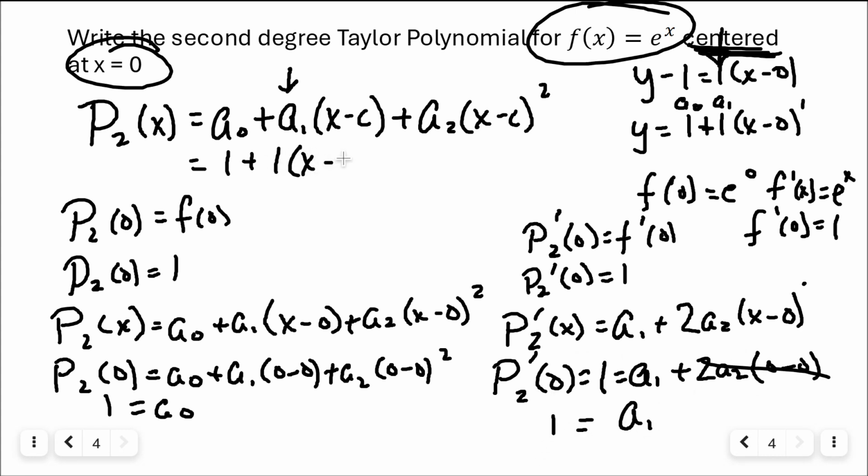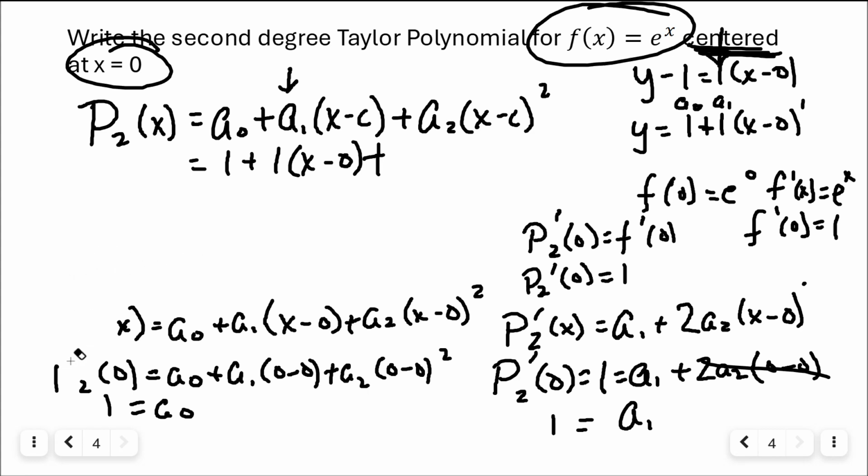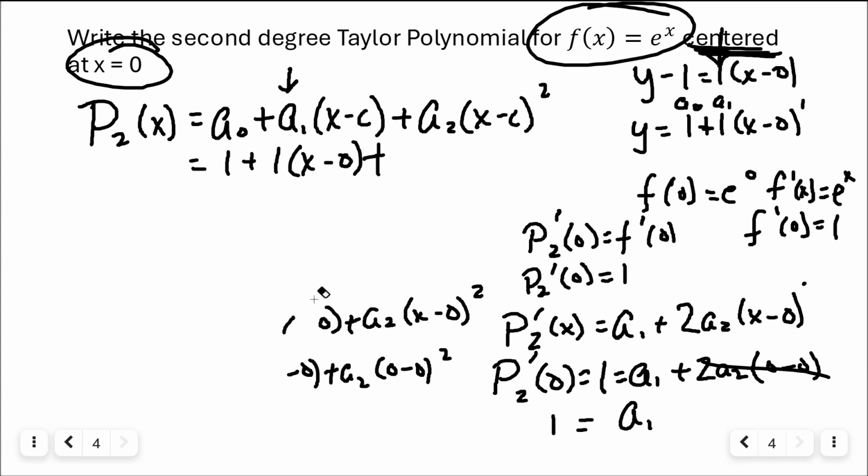So this is 1 times x minus 0 plus, okay, now I want to find a sub 2. To find a sub 2, I'm going to match the second derivatives. I'm going to erase some of this so that we have some room, and then we'll write our final polynomial.